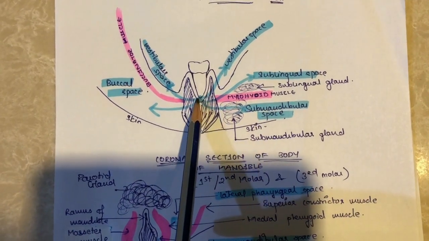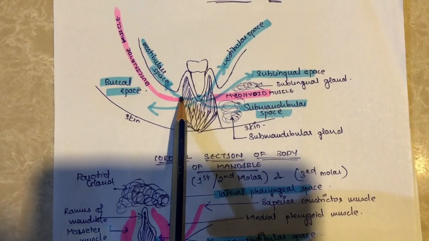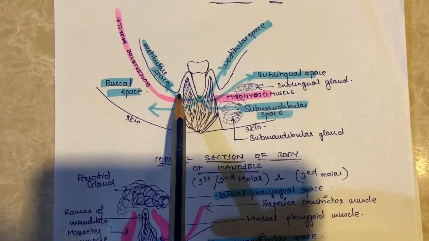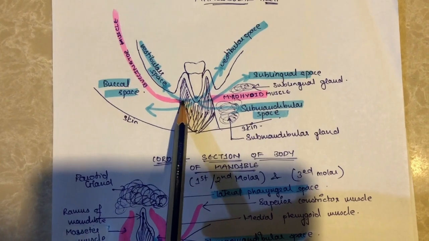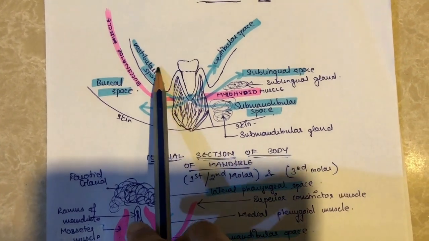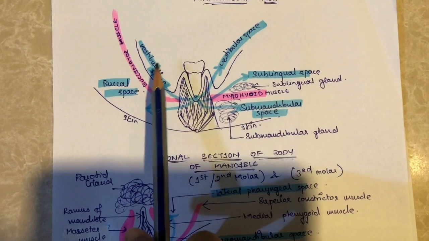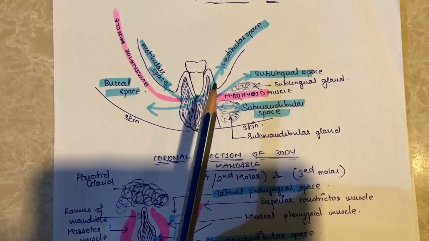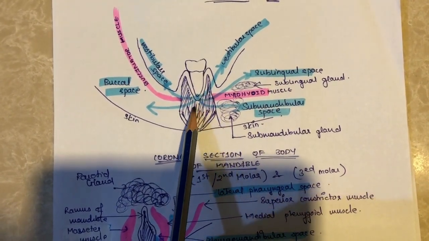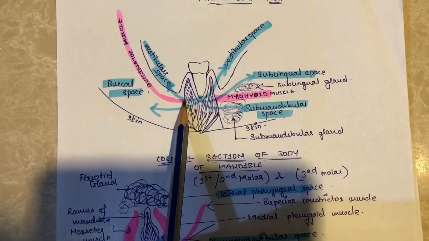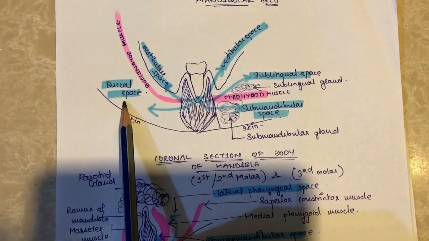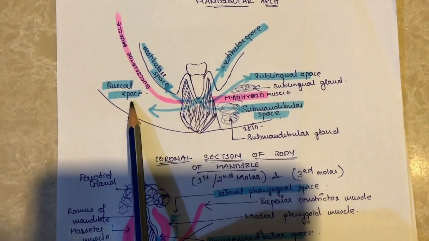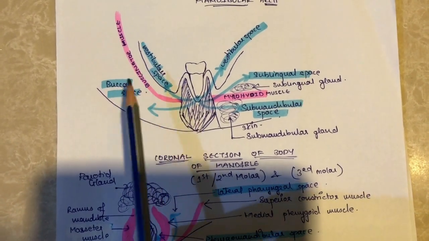So if it pierces from the buccal cortical plate and if it pierces above the attachment of the buccinator muscle, then it may go into the vestibular spaces. But if it pierces through the basal bone below the attachment of the buccinator muscle, it may spread into the buccal space. Now, buccal space is bounded by the buccinator muscle and the skin.